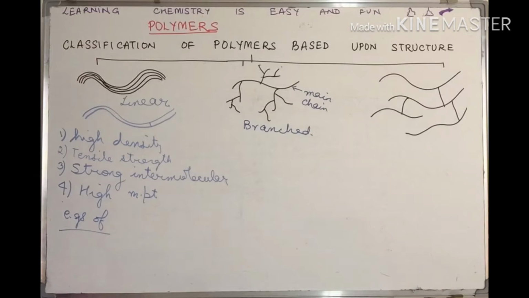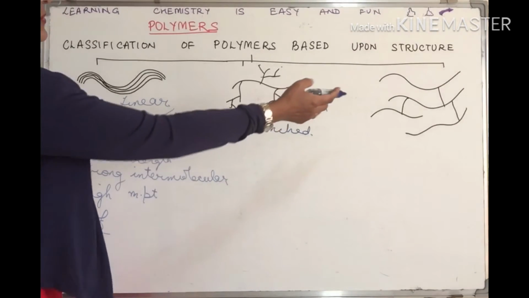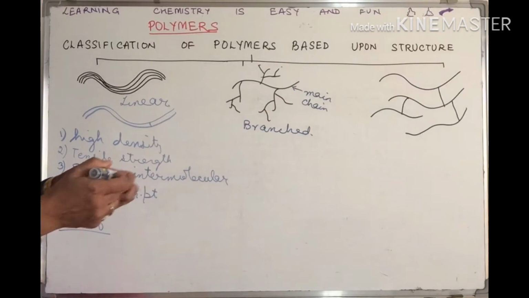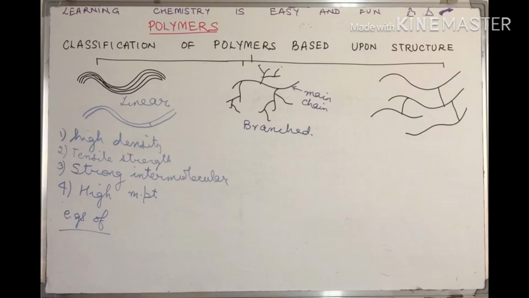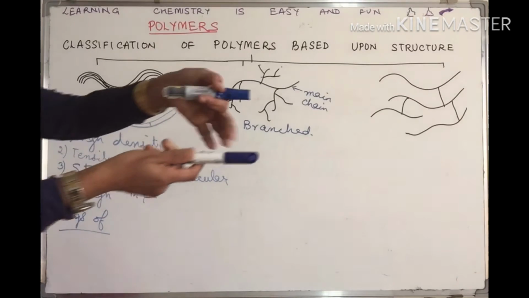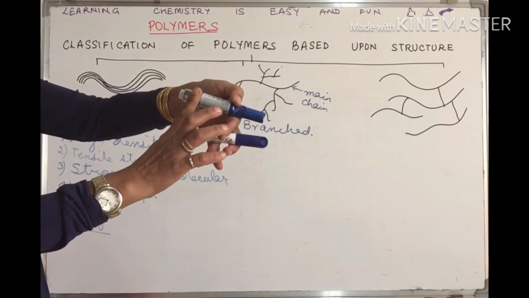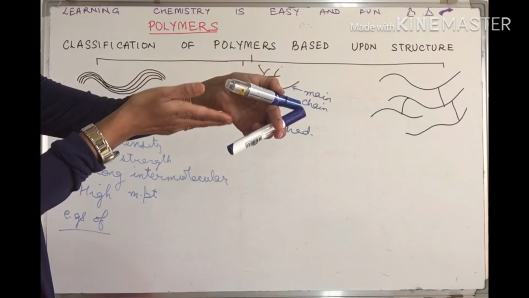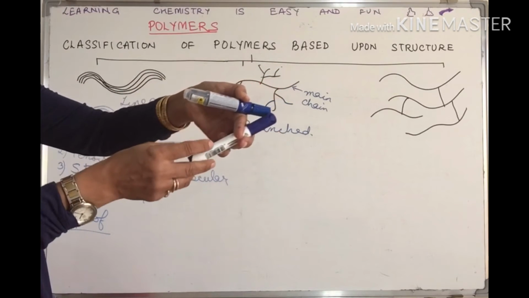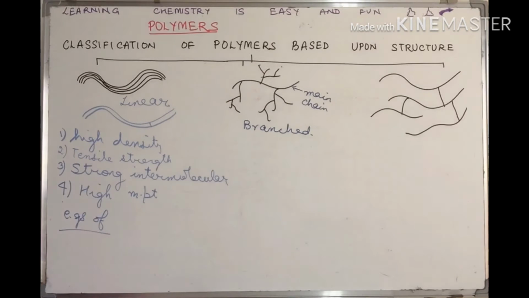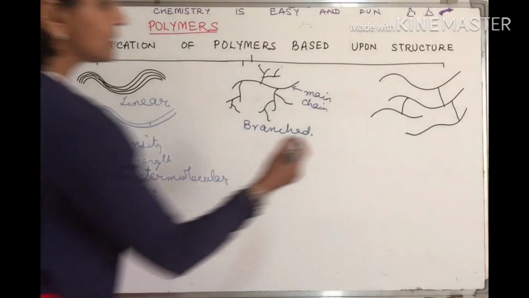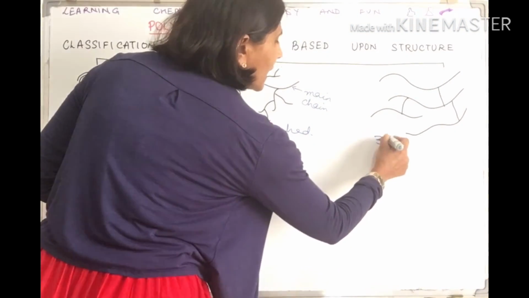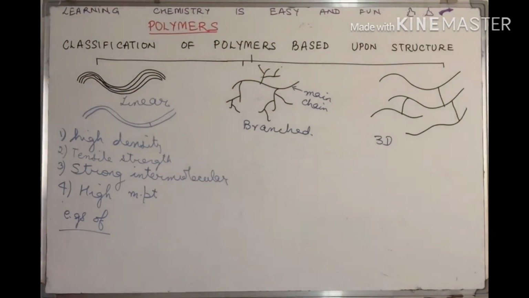What about the third one? Now here in the case of the third one, if you notice, it is like one chain, another chain. These two chains are connected with each other, right? And they are also connected to chains behind as well as ahead of them. Now because of this close connection, it forms a 3D arrangement, correct?